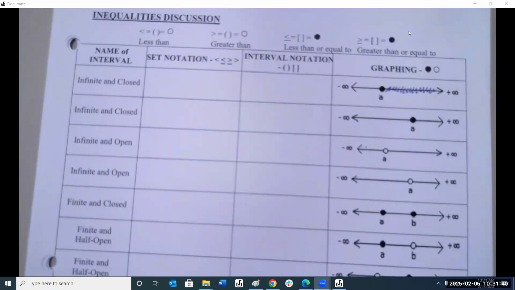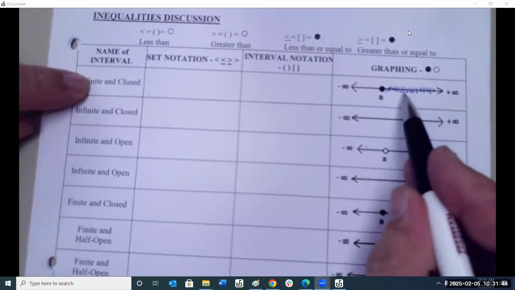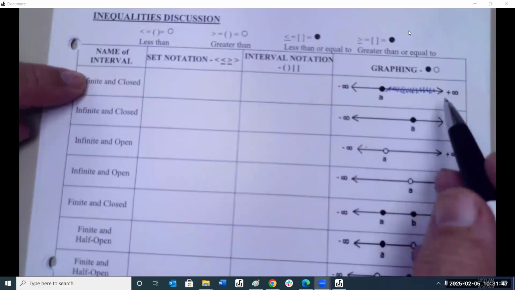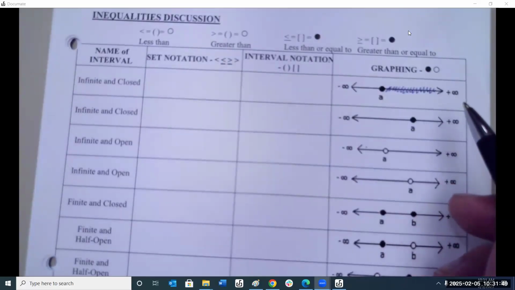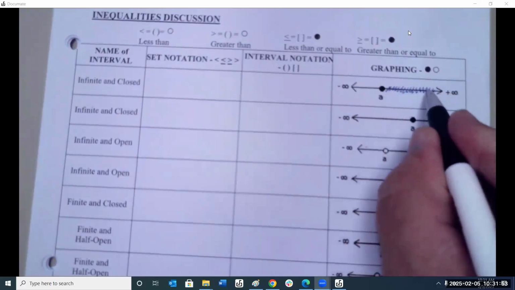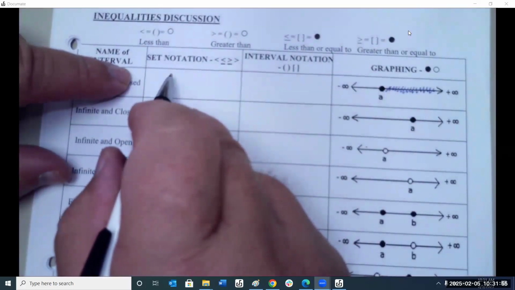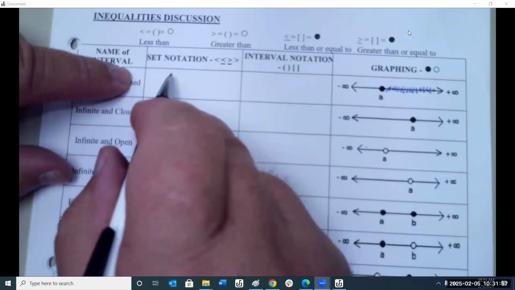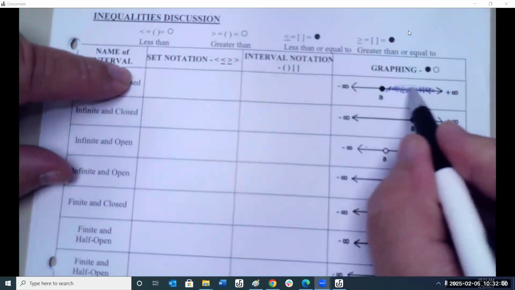What if we had that? This is my graph. It's always easier to translate from graphs. How do we put that in set notation? So remember, the shaded region represents what?